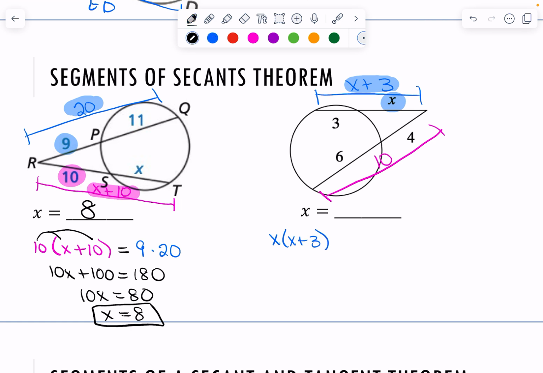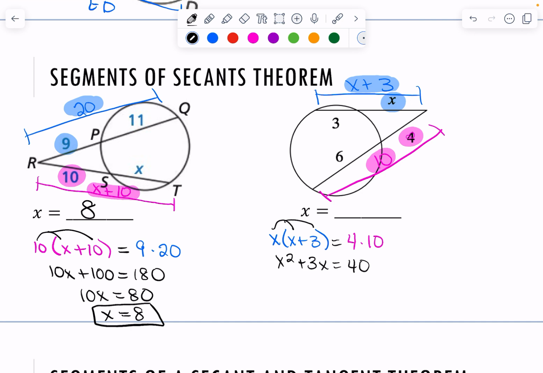And on the other side, external would be 4 times the total, so I would have 4 times 10. Now we can distribute that, and that would give us x squared plus 3x equals 40.